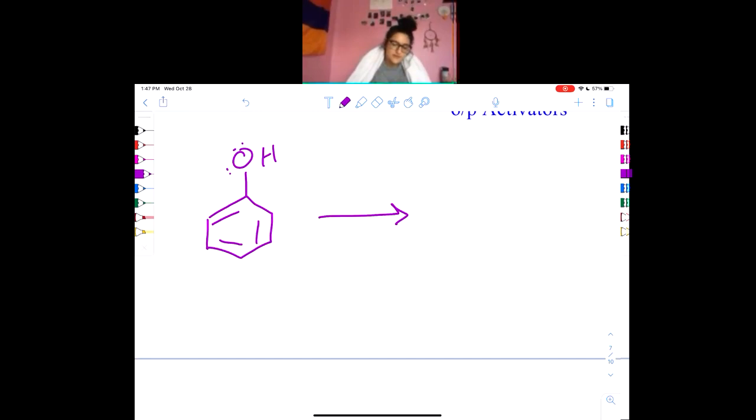Yes, awesome. So it would be Br2 and FeBr3. And we know that these two would react and form the electrophile. And then it would attack, right? I'm not going to draw out the whole entire mechanism because you don't have to do the whole mechanism all the time.